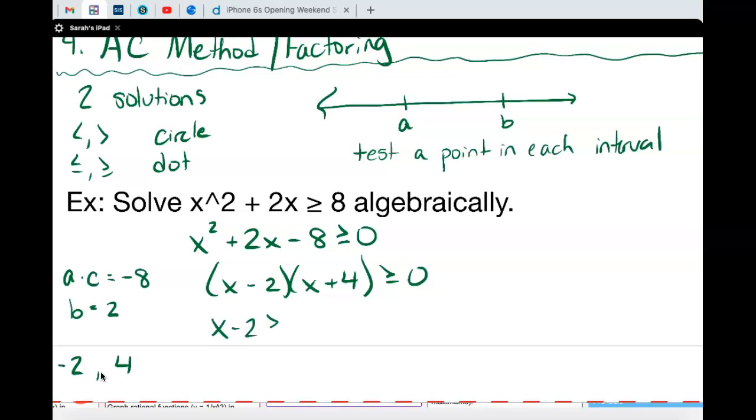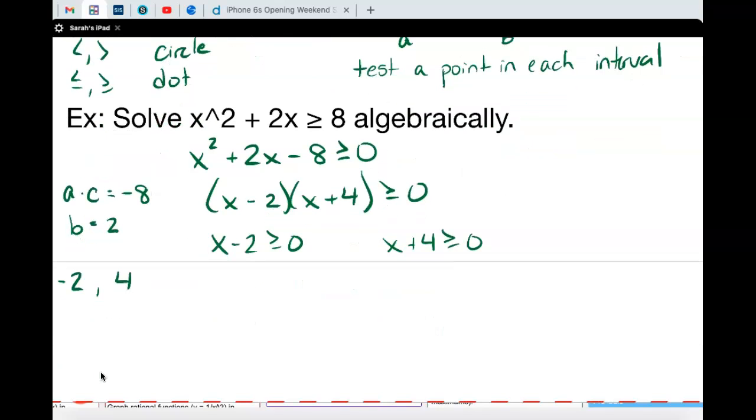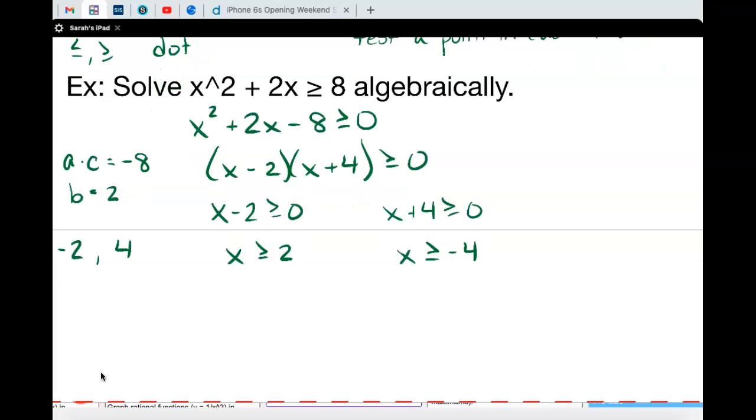So x minus 2 greater than or equal to 0, and x plus 4 greater than or equal to 0. Solving for x, add 2 to both sides, you get x is greater than or equal to 2. And then you get x is greater than or equal to negative 4. So it's basically solved.